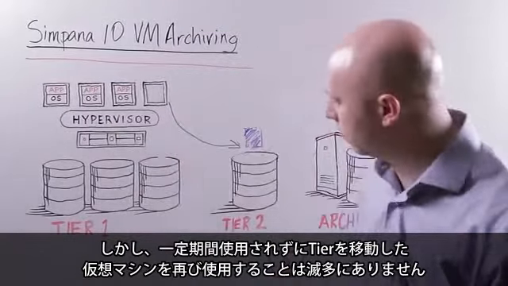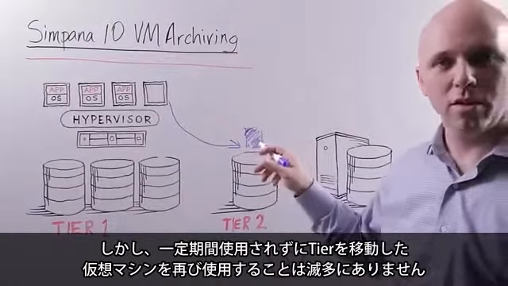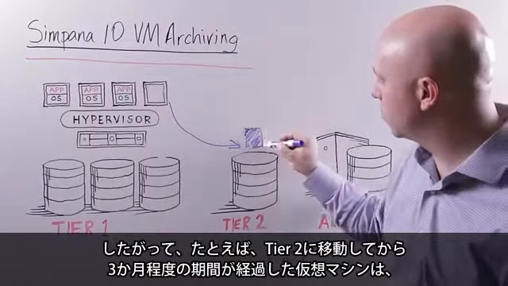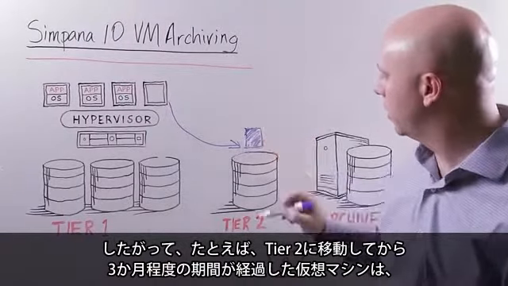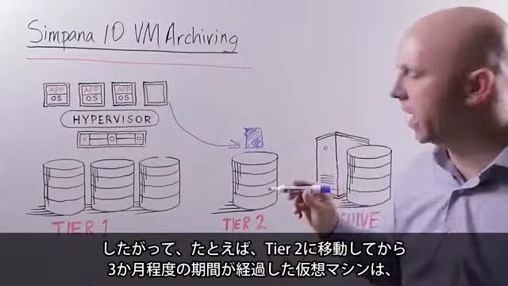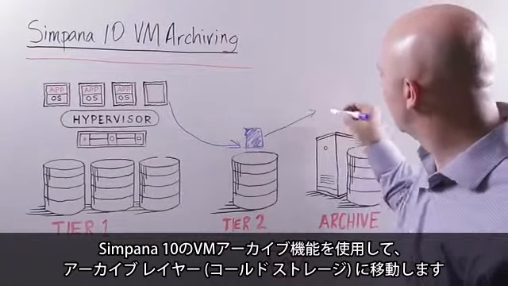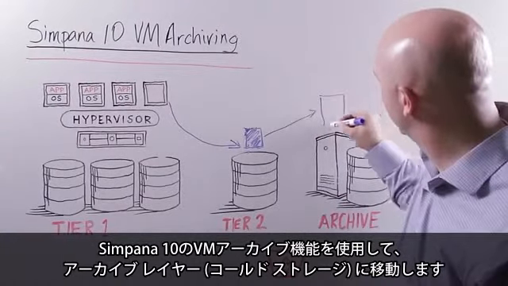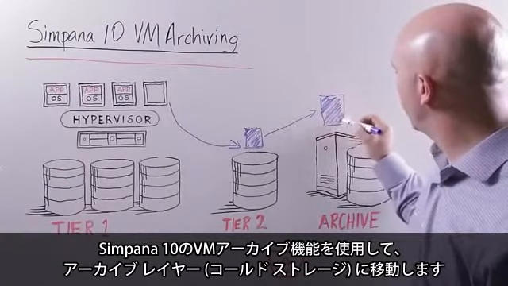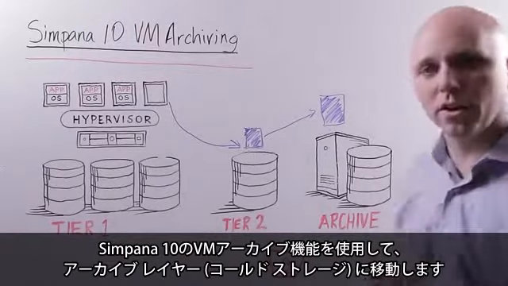once a virtual machine hasn't been used long enough to be moved out to that tier, it's not going to be used again. So if that's the case, and you've got this virtual machine sitting over here, it's been sitting here for, let's say, at Tier 2 for like 90 days, I can then use Simpana VM archiving to move that powered down virtual machine over here to an archival layer or a cold storage layer.